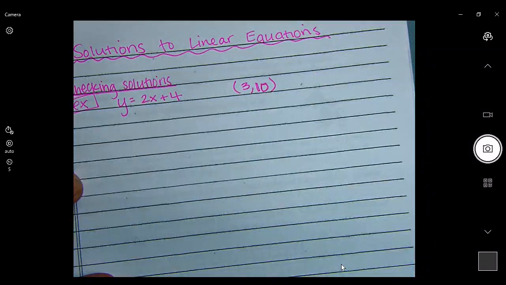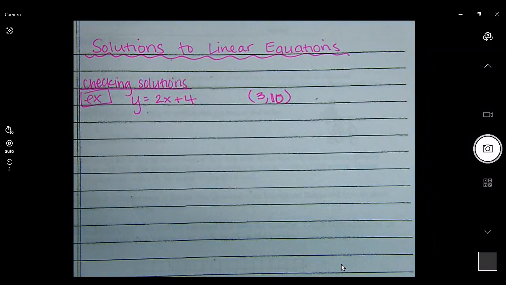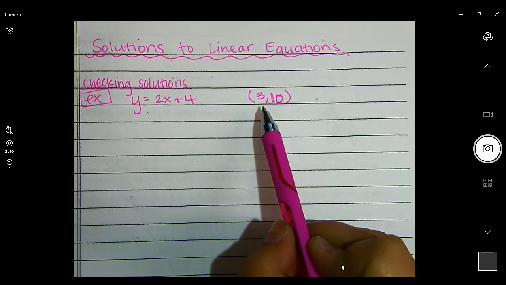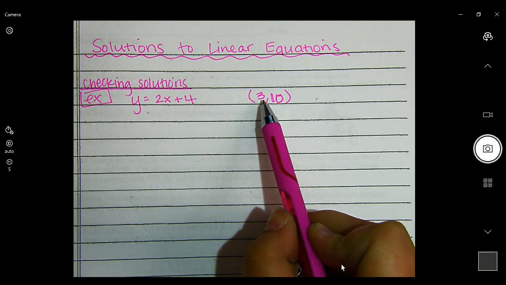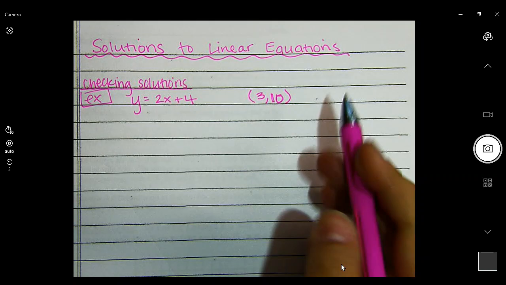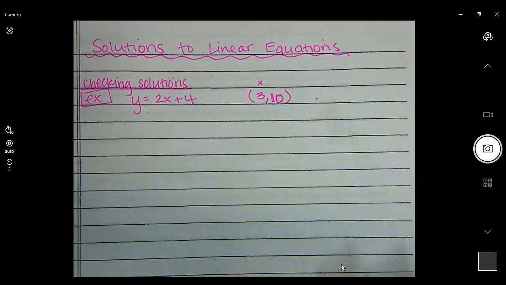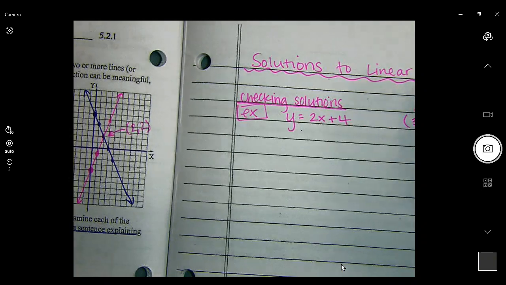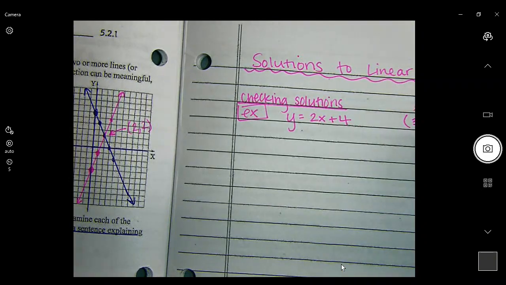All right, so when we have an ordered pair, we think about, what does this 3 represent? Well, 3 represents where our point is on the x-axis, right? And then the second number, the 10, is always the y. Okay, so when I have an ordered pair, it's always x, comma, y.